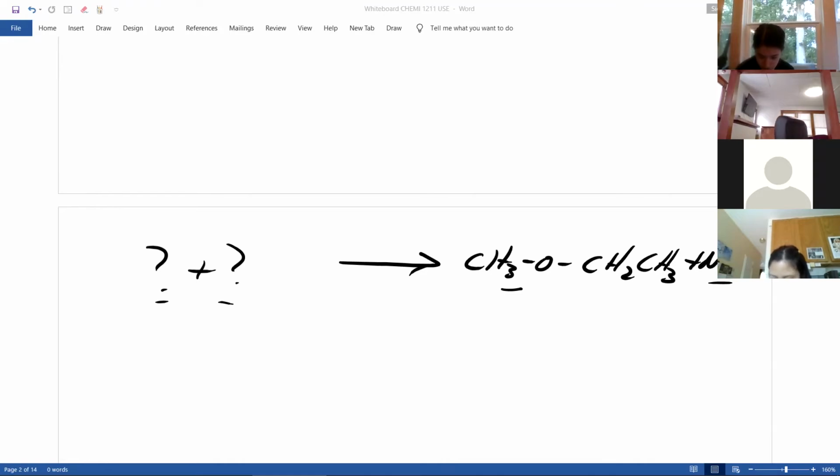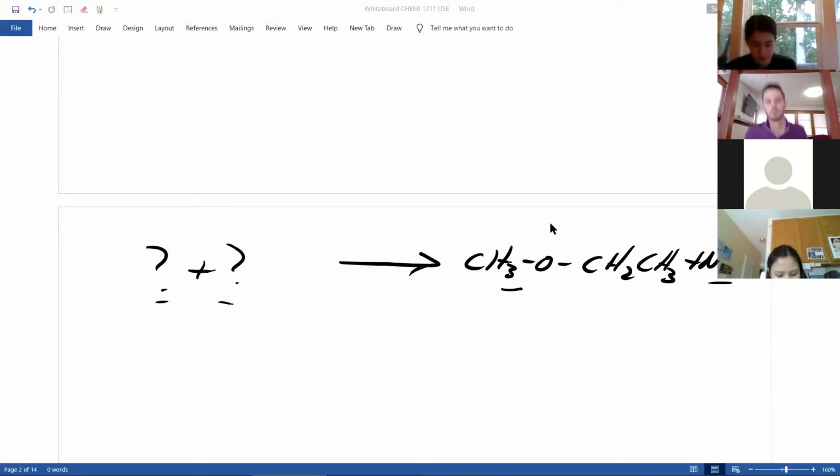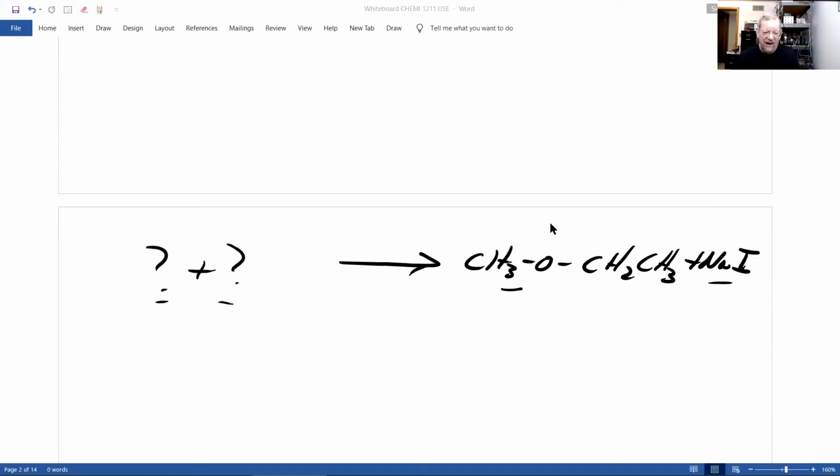I think everybody's done. Now, if I look at the molecule you're trying to make, I say, what's different? Ooh, an oxygen. Oxygen there, carbons here and here. This is an ether.